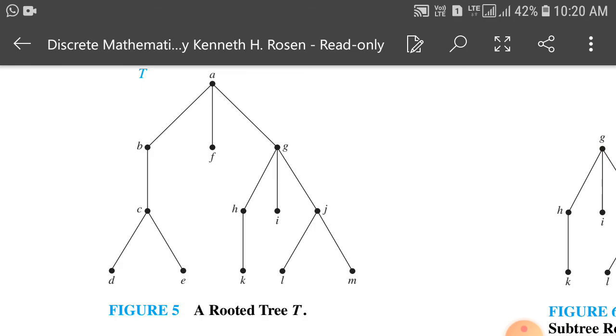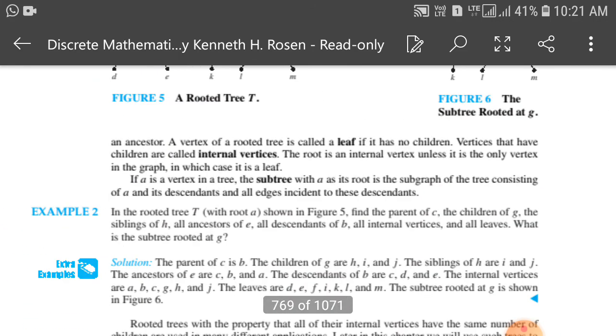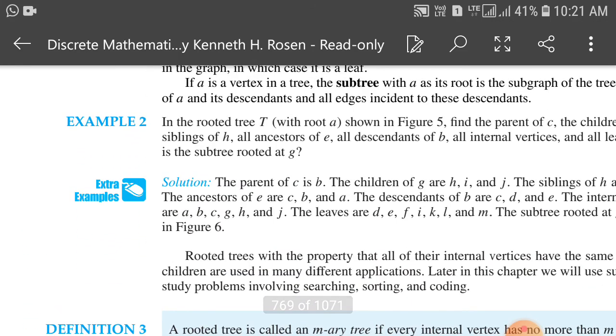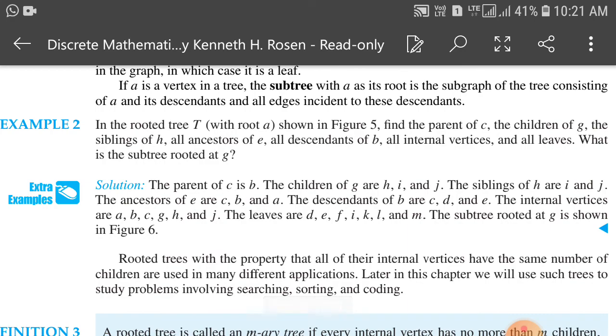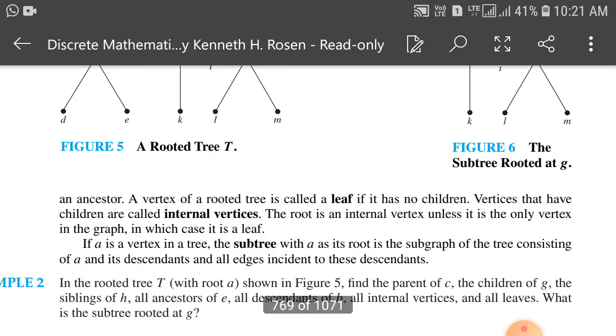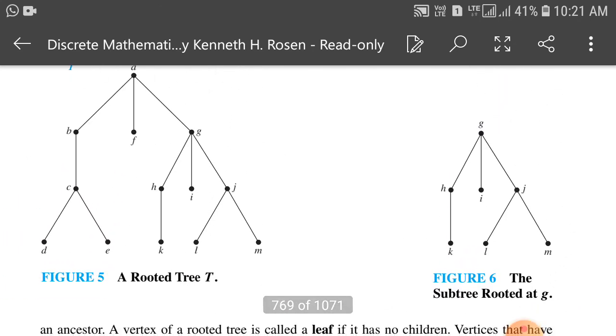Internal vertices must have a descendant, so internal vertices and leaves are opposite in nature.